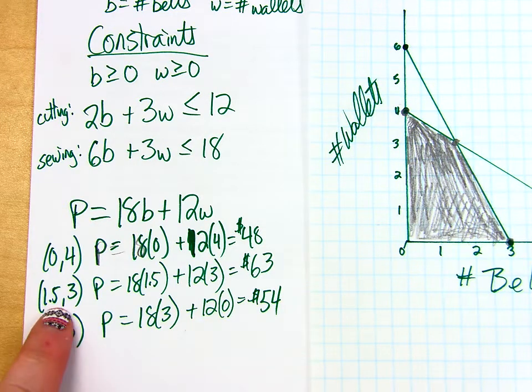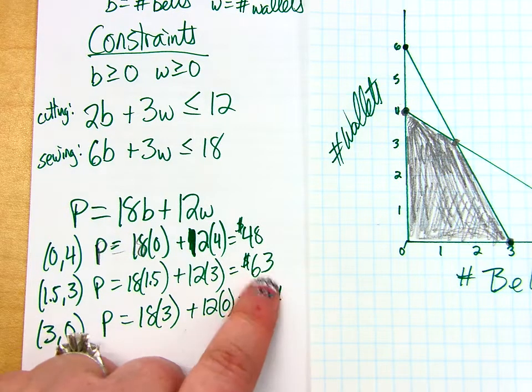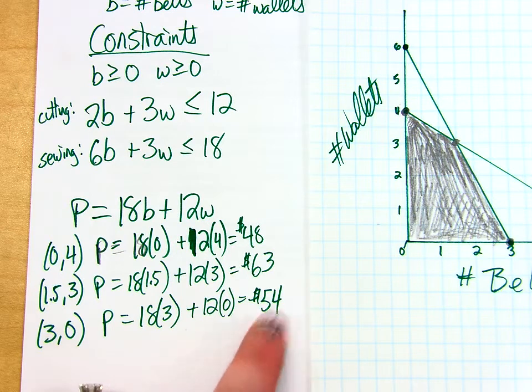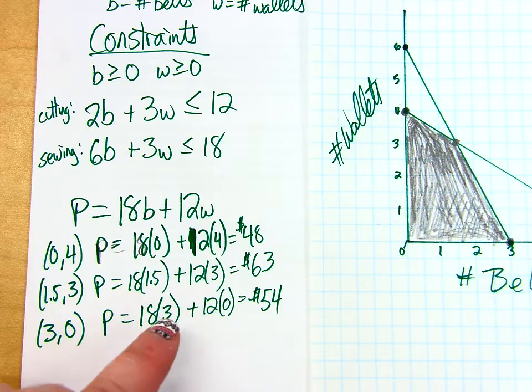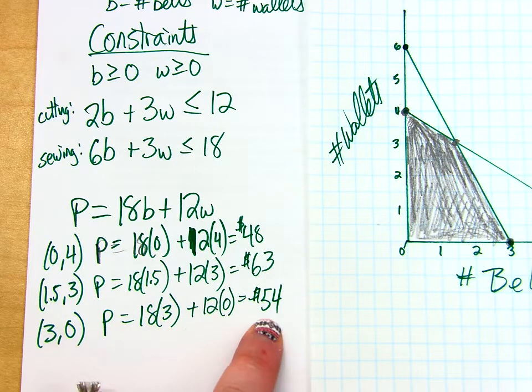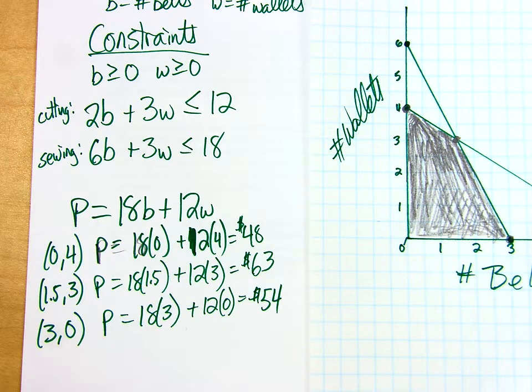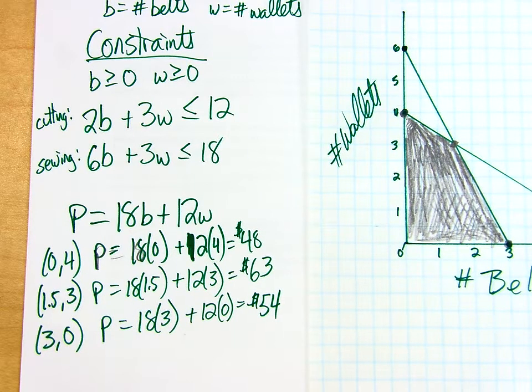Well, maybe that week I don't make 1.5 belts because I can't take that half a belt with me to sell it. So maybe that week I say, you know what? I'll just drop down to this one because that makes more sense. Here I'm going to lose a whole $18 if I can't produce that other half of the belt. So why don't I go to this one? So it will kind of depend on your situation for the week. Just a thought.